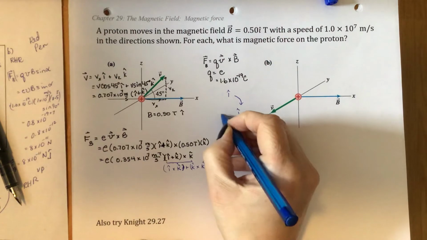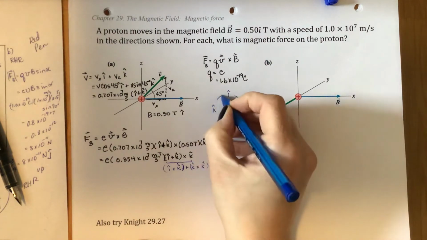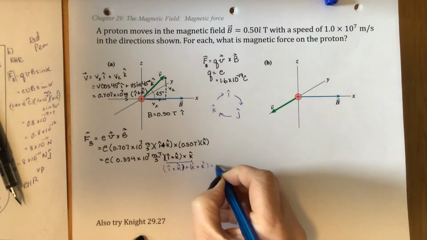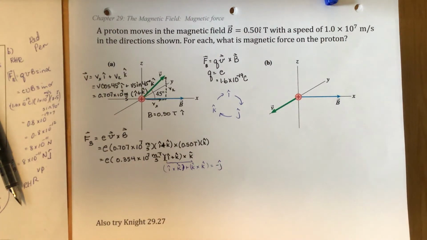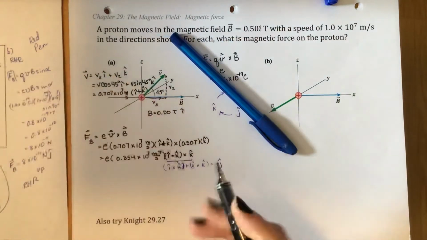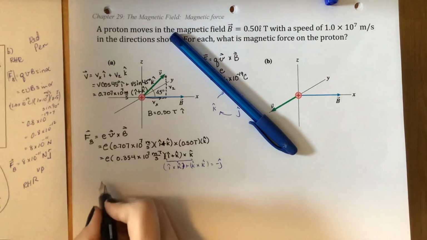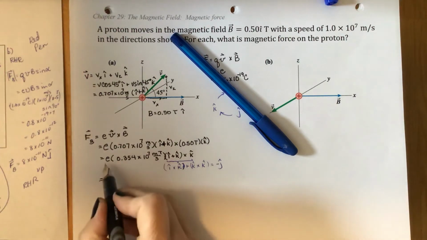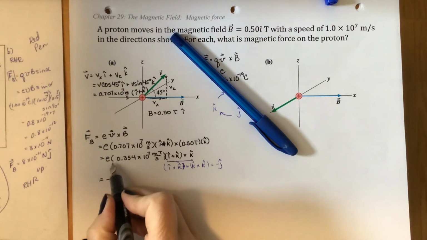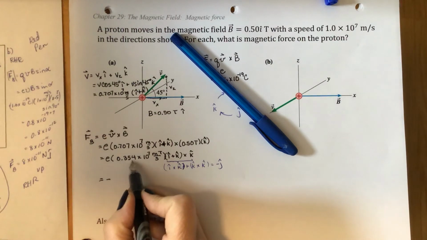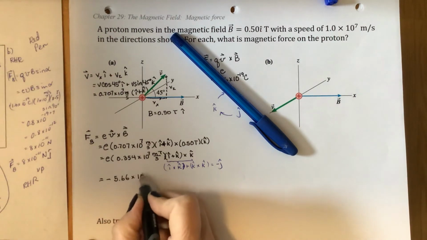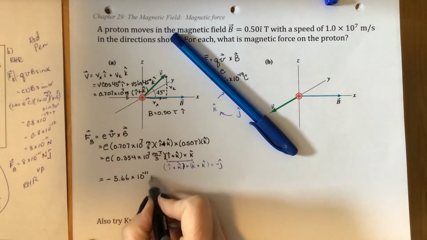K cross I goes the right way around the circle, so K cross I is equal to J. So then in our answer here, we're going to multiply 1.6 times 10 to the minus 19 by 0.354 times 10 to the 7. That's going to give us 5.66 times 10 to the minus 11 newtons in the J direction.